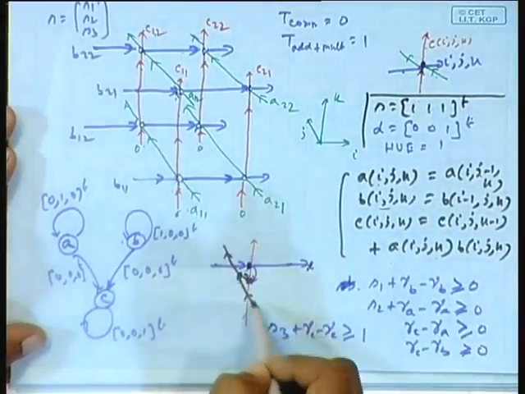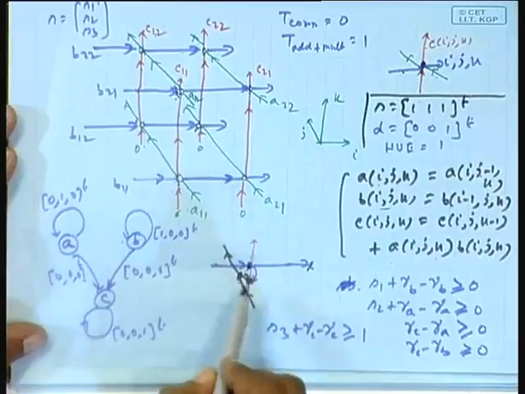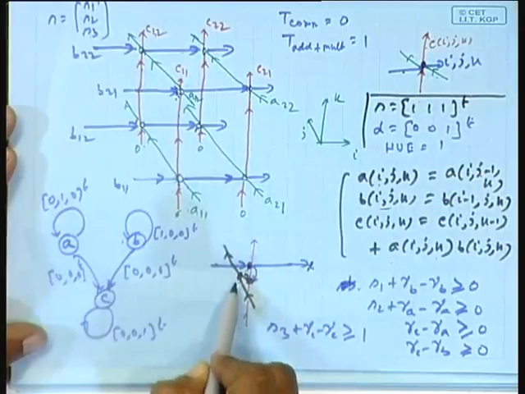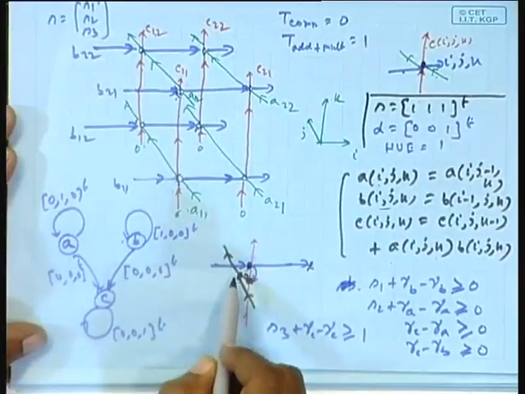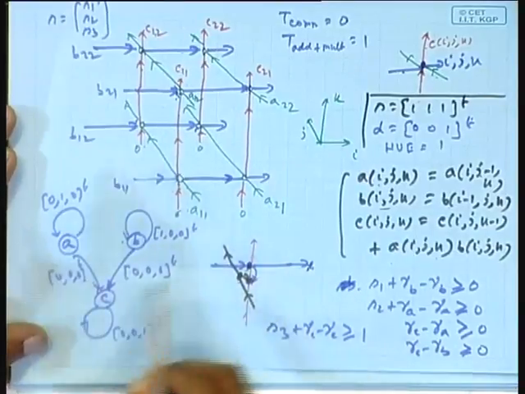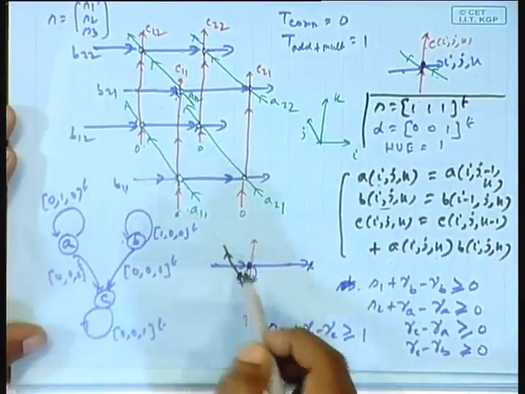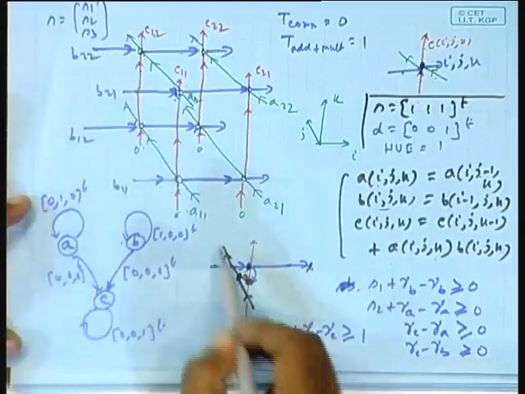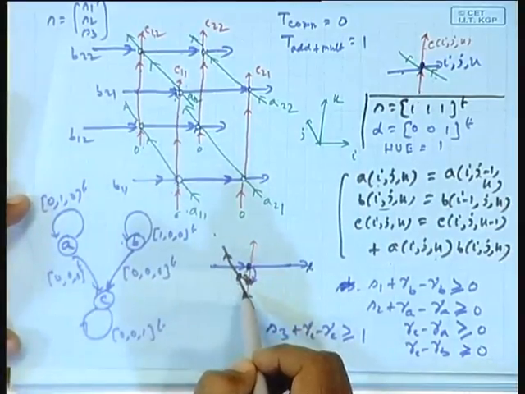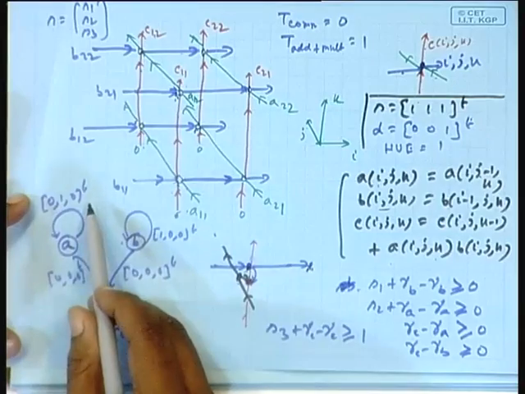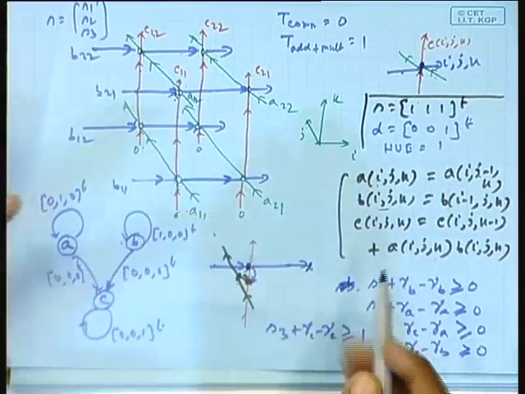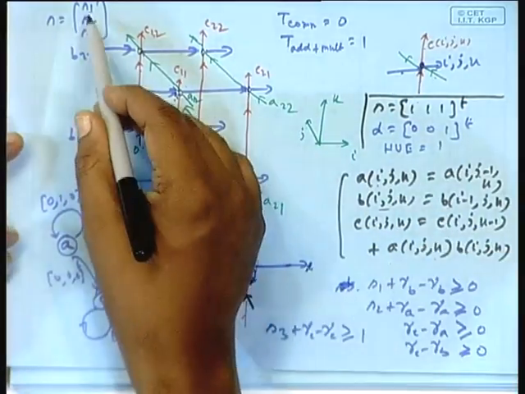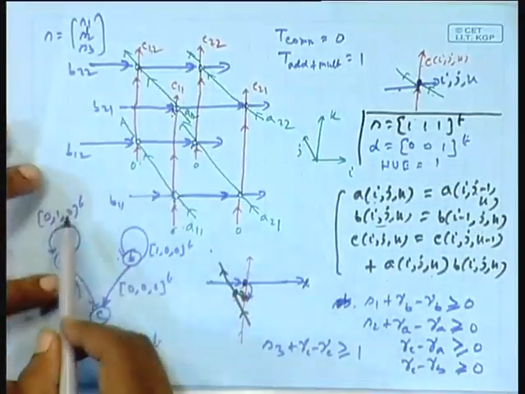Similarly, all the nodes in this direction have schedules S transpose the coordinate vector plus gamma A. The edge separating the two nodes is 0, 1, 0, so if you take that vector as S1, S2, S3, only S2 remains because it gets multiplied with 1.